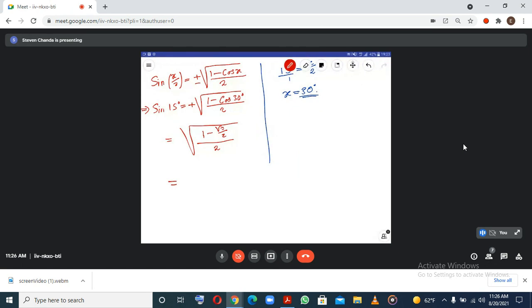Now we want to simplify what's on top. So how are we going to simplify? Let's put the positive to maintain it. Now on top, for the numerator, we find the common denominator, and the common denominator is going to be 2.